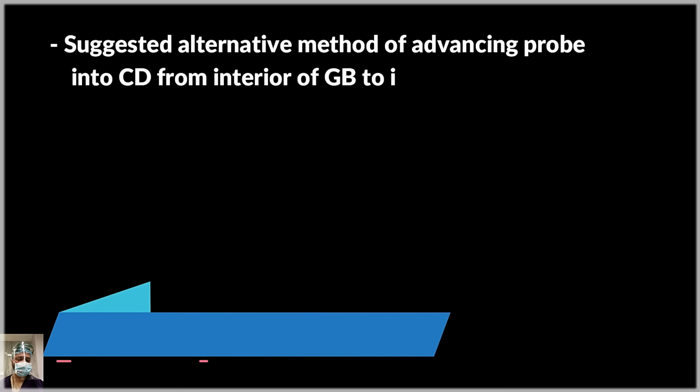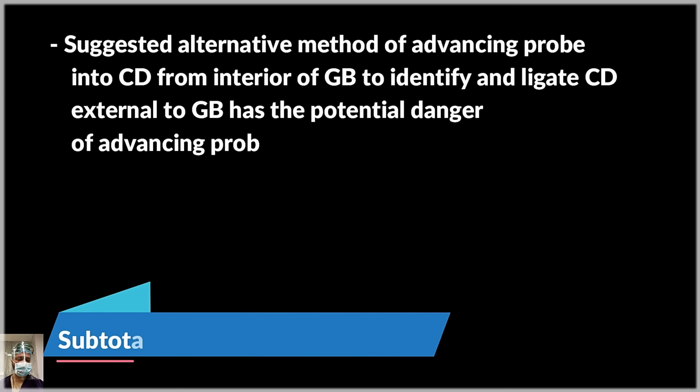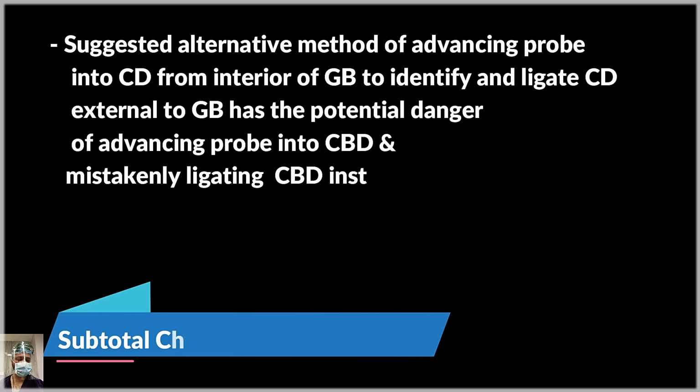Further, historically there has been a suggestion that we should pass a probe from the cystic duct into the CBD and then ligate the cystic duct outside the GB. But again, this is not advisable, especially in inflamed conditions. The probe may pass into the CBD, and we may inadvertently ligate the CBD instead of the cystic duct.